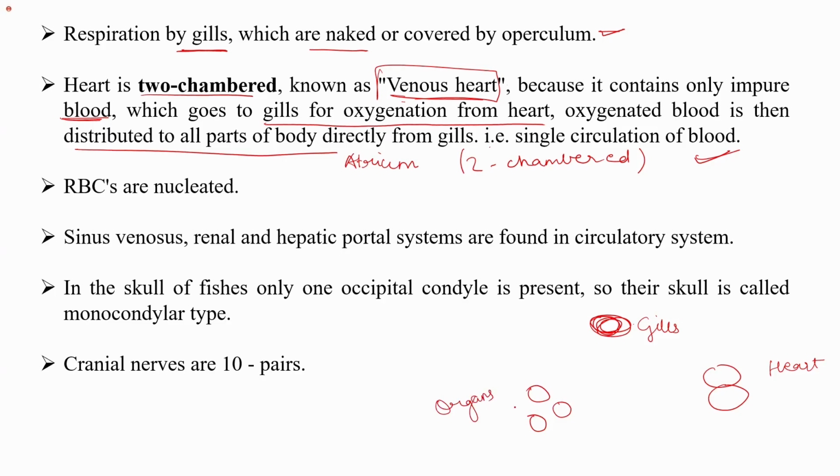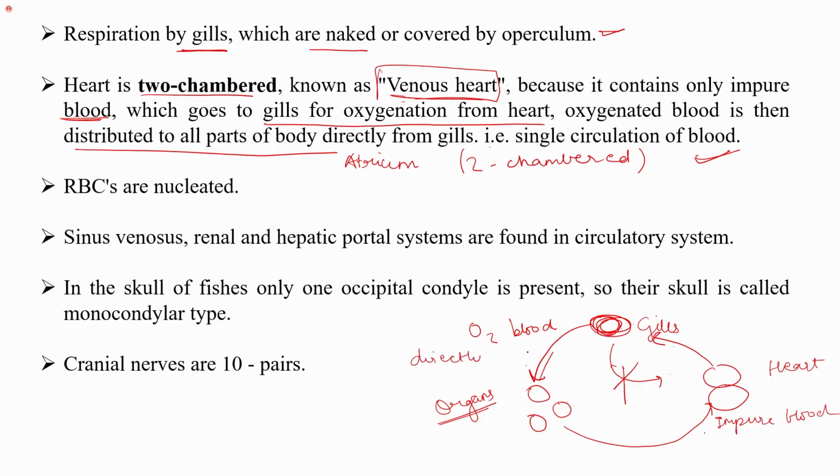Basically, the impure blood gets collected into the heart, which is then sent to the gills, and the gills directly send the oxygenated blood to the organs without sending it back to the heart.